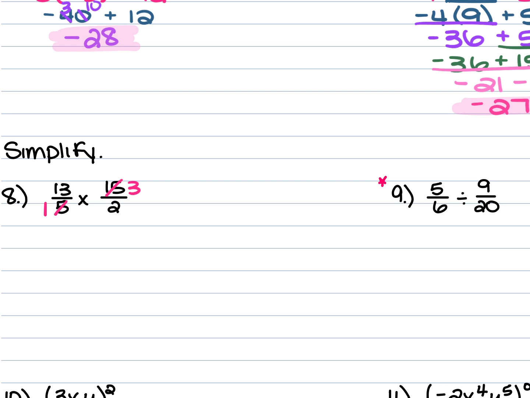So multiply straight across. The 13 times 3 gives us? 39. Wow, not 36, 39. Over 1 times 2? 2. If you simplified by diagonally cross-simplifying before you multiplied, you should not have to simplify here. The only time you'd have to do that is if you didn't simplify fully. So for this one, your answer is 39 over 2.